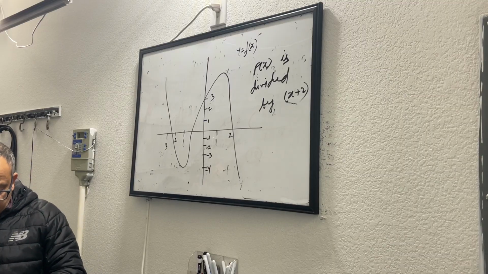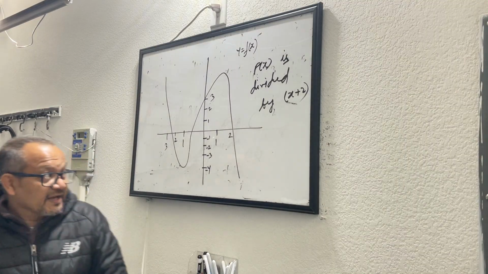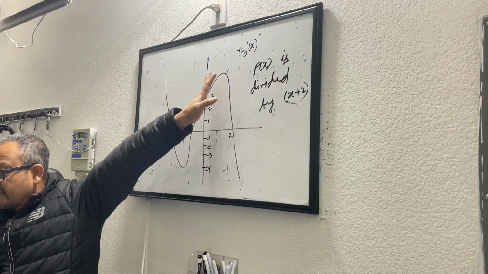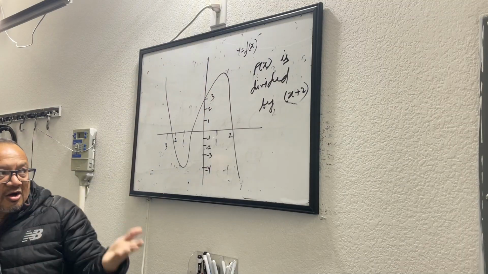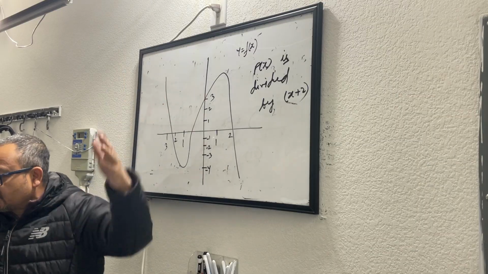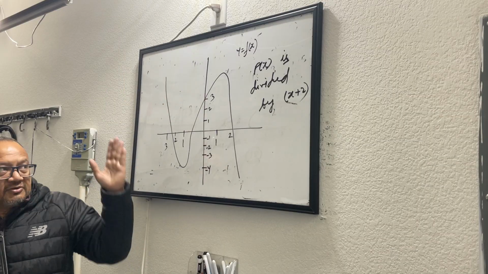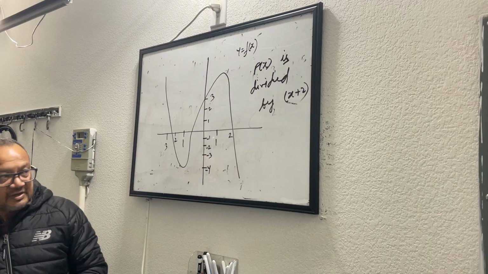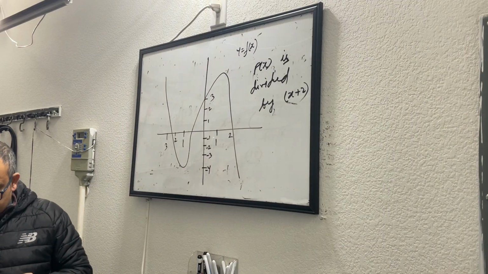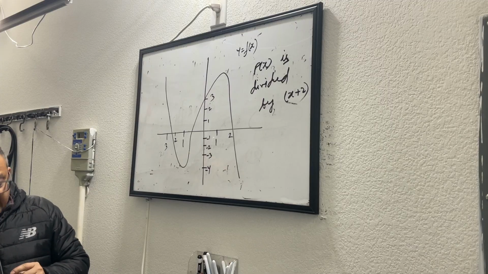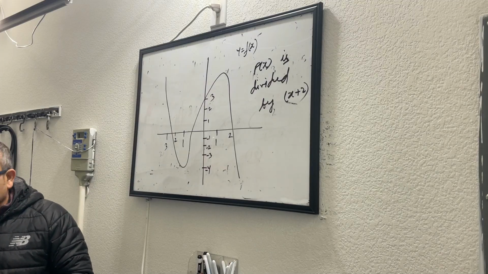This is a polynomial graph, whatever function you have, there is no description of the function. It doesn't say it's x squared plus something or x cubed plus something or whatever. You just have a polynomial graph, and the question says, what is the remainder when p of x is divided by x plus 2?